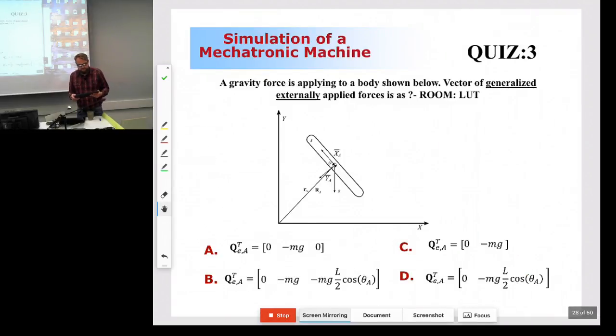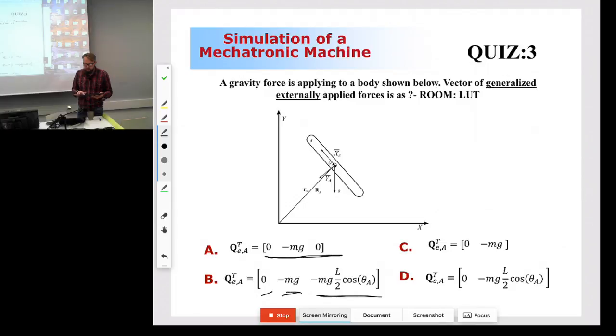Here's my in-class quiz. Gravity force is applied to a body shown below. The vector of generalized externally applied forces is as follows. You will know the solution without doing any computing. The choices are shown here: 0, mass multiplied by gravity constant, 0; then 0, mass multiplied by gravity constant, and then this moment; then one that consists of two components, 0, mass multiplied by gravity constant; and another with 0 and then this very complicated one.